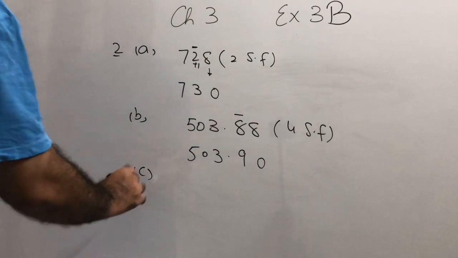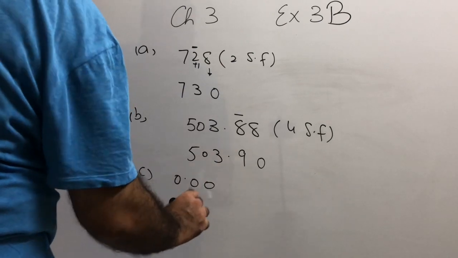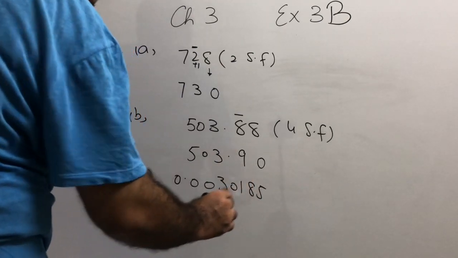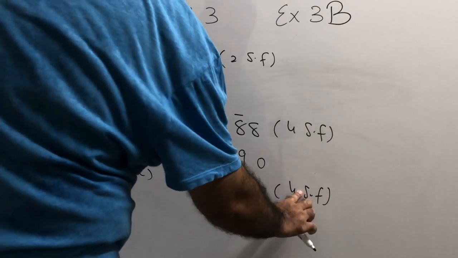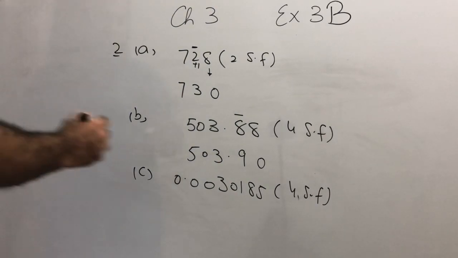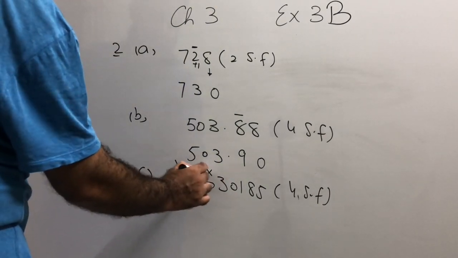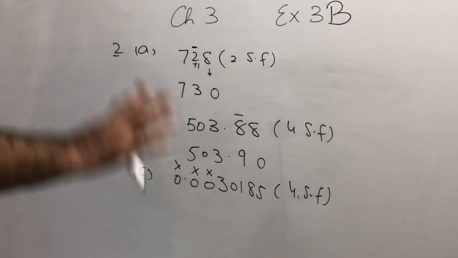Okay, part C says 0.0030. We need it to 4 significant figures. Okay, first of all, we know any 0 before the numbers is not significant. It has 1, 2, 3, 4, 5, but we need 4.